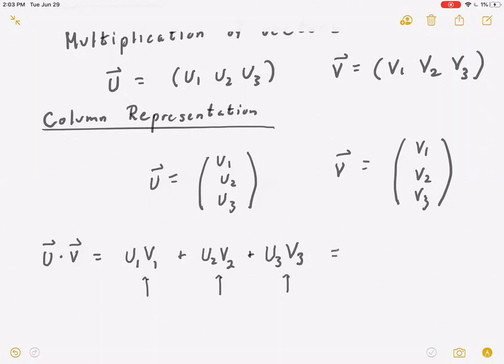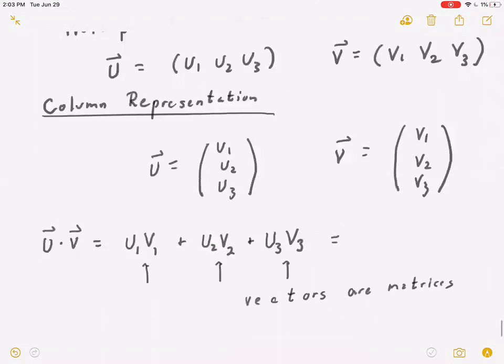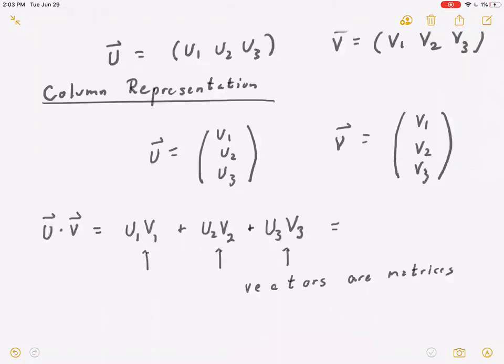Now, we said last time, and we'll come back to this, vectors are matrices. So I could recast this definition of the dot product of 2 vectors in terms of matrix multiplication.